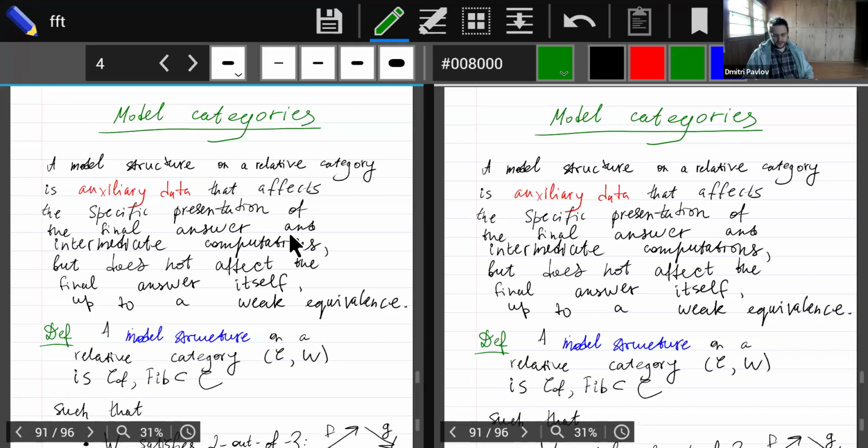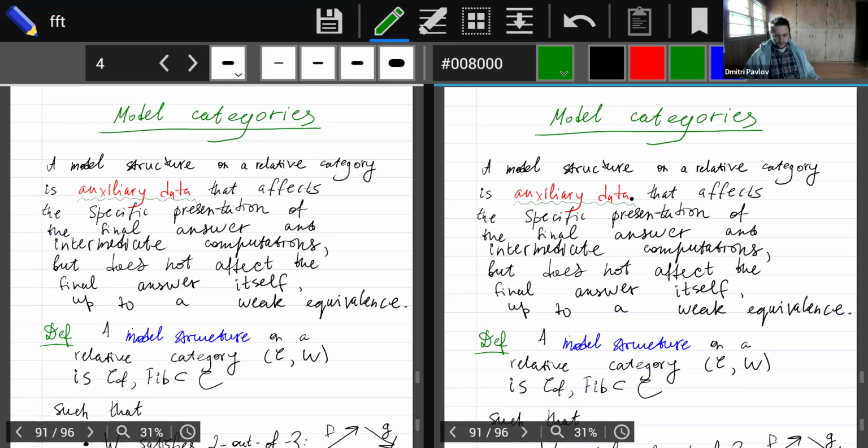And on a relative category, you have to specify some auxiliary data, which is auxiliary in a very precise sense: it just changes the way you do your computations, but the final answer to those computations will always be weakly equivalent to any other answer you can get.